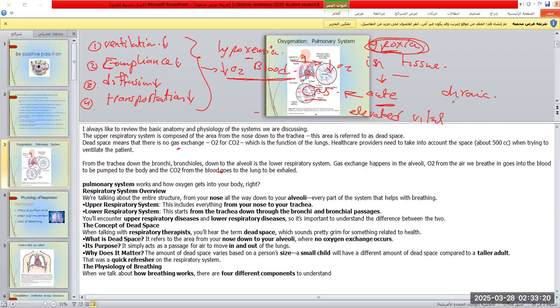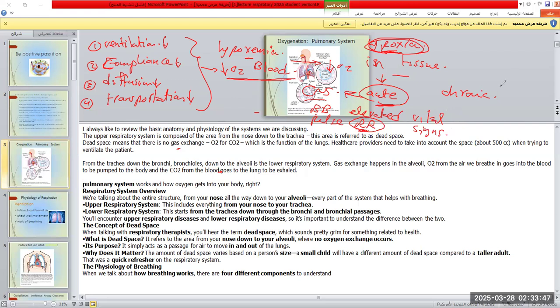All our vital signs will be elevated, like blood pressure, pulse, and respiratory rate. They are trying to compensate for the problem, trying to increase the rate of respiration in order to get lots of oxygen into the blood. So the patient with acute hypoxia will have all vital signs increased.